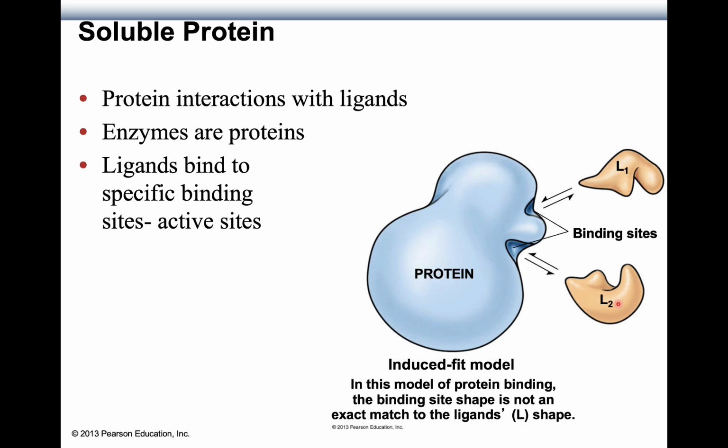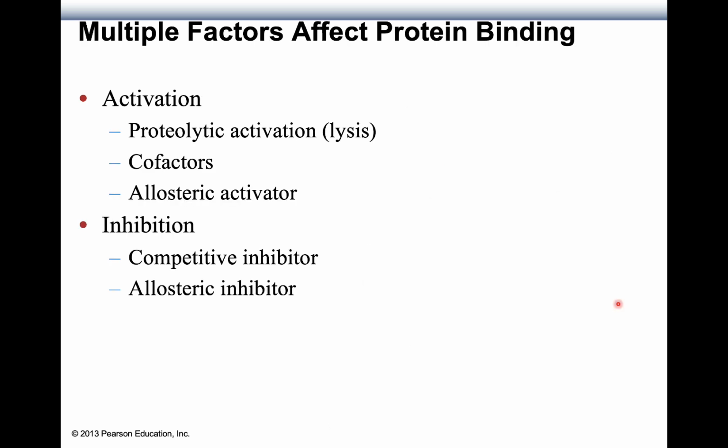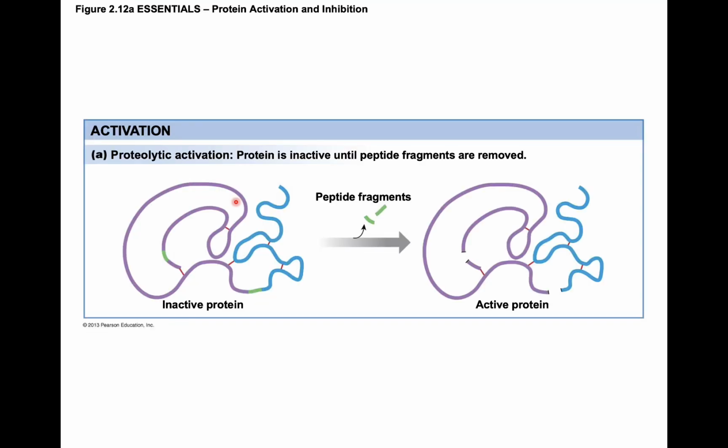So how do we get enzymes to either activate or inactivate in our bodies to help chemical reactions move faster, or to not let chemical reactions move faster? Well, there's 3 major ways of activation, and that's going to be proteolytic activation, cofactors or allosteric activators, and then 2 ways of inhibition, and that's going to be competitive or allosteric inhibitors.